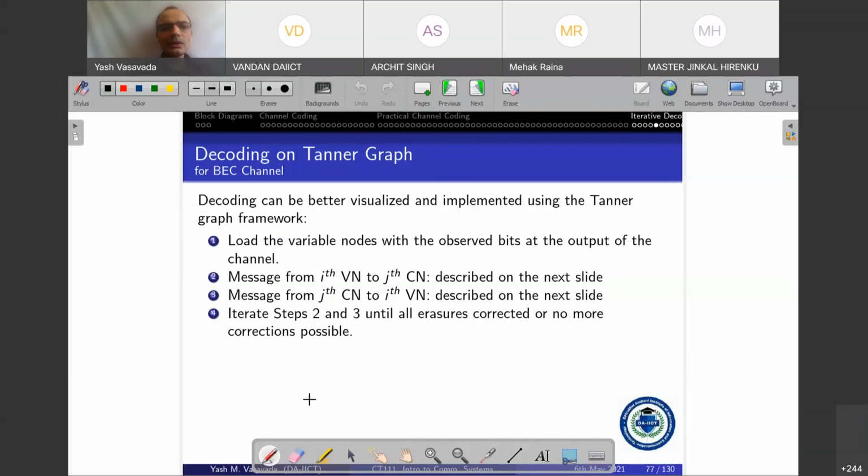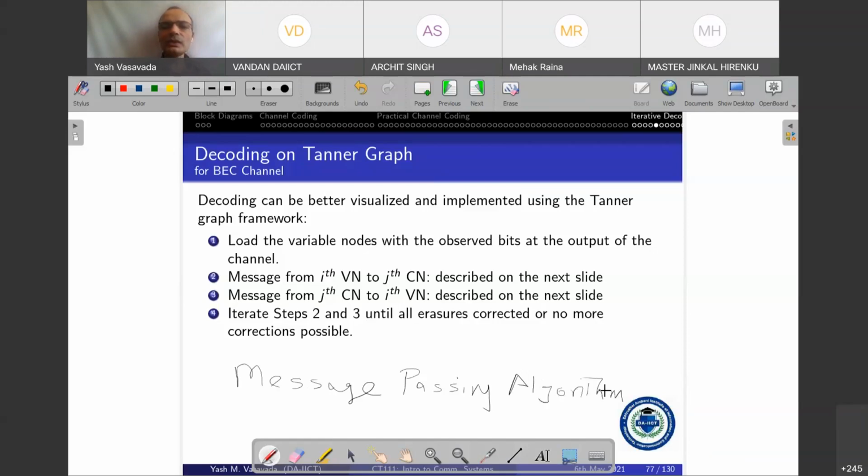Okay, so now we are going to do this decoding again using an iterative algorithm, but this is going to be done in a slightly different manner. By the way, this approach is called message passing decoder or algorithm.